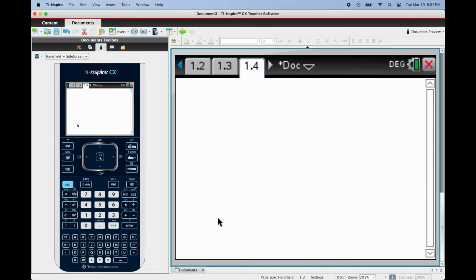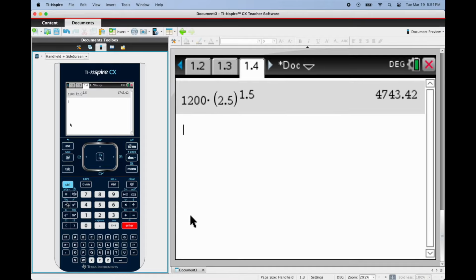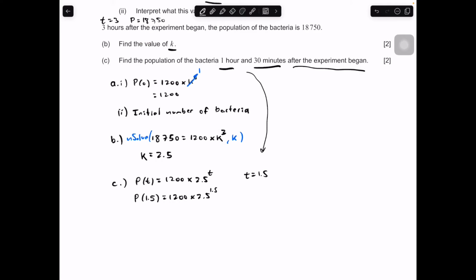Gonna get a new screen. 1200 times 2.5 raised to the power of 1.5. 1 hour and 30 minutes. Okay, so there we go. P of 1.5. So let's go back to the document.